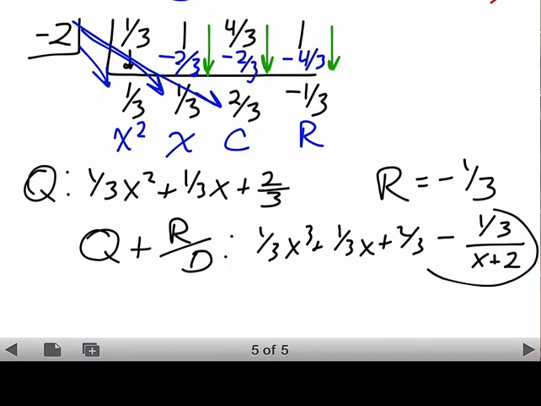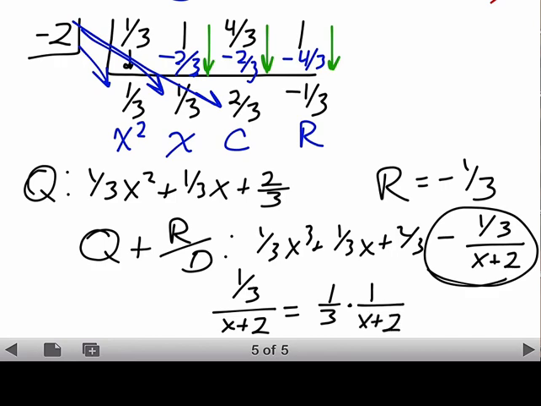We'll just focus on this remainder part. 1/3 over x plus 2 is the same thing as 1/3 times 1 over x plus 2, giving us 1 over 3x plus 6. And so the actual remainder, well, these were all negative, weren't they? is -1.